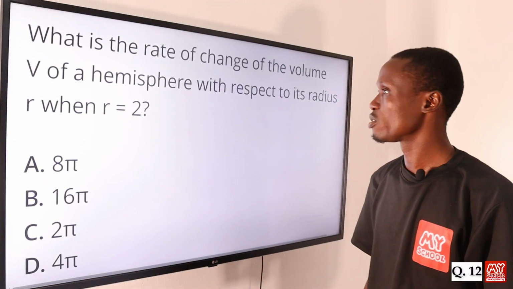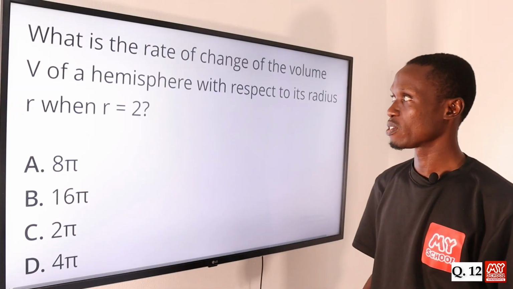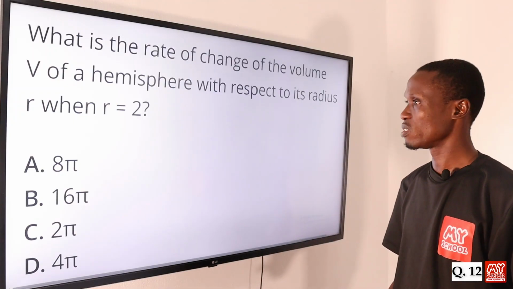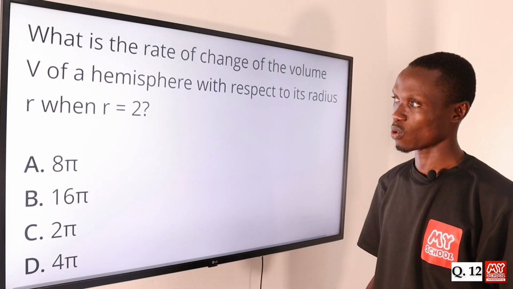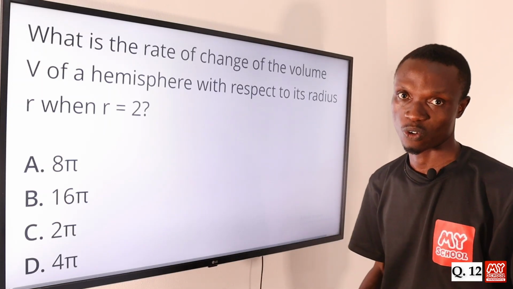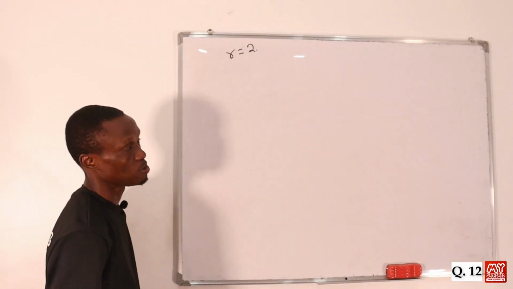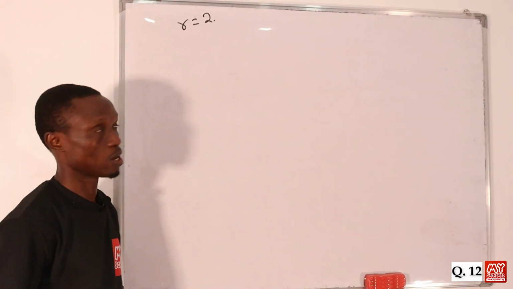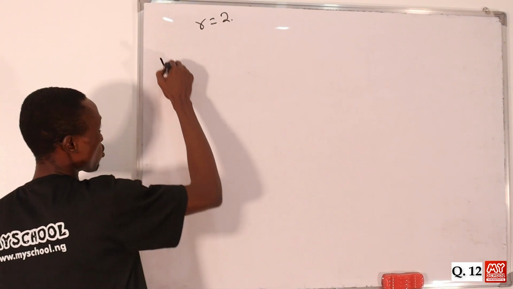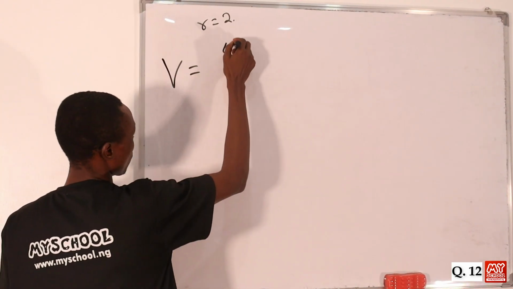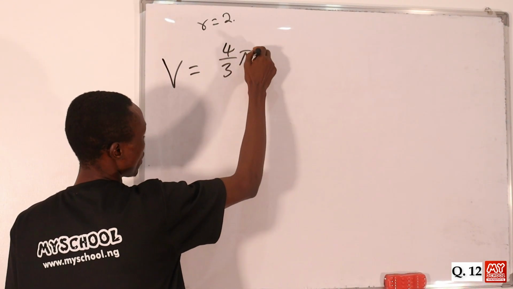Question 12. What is the rate of change of the volume V of a hemisphere with respect to its radius r when r is equal to 2? Let's move over to the board to provide answer to this question. Remember that a hemisphere is half of a sphere. We know that the volume of a sphere is equal to 4 over 3 pi r cubed.